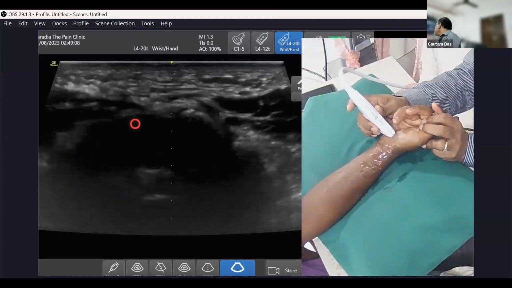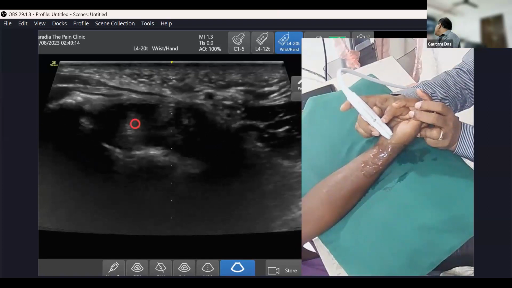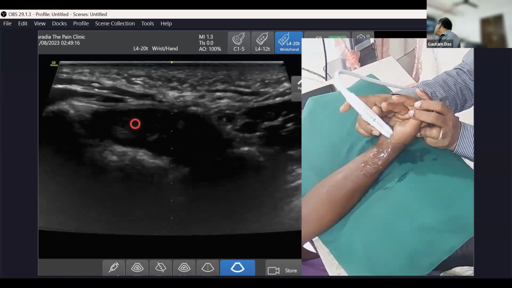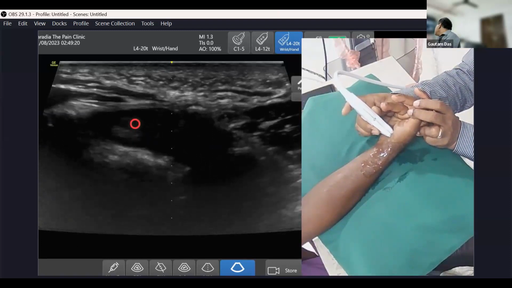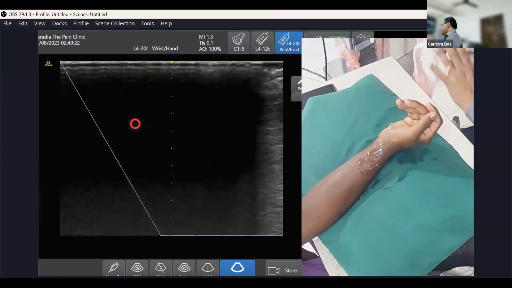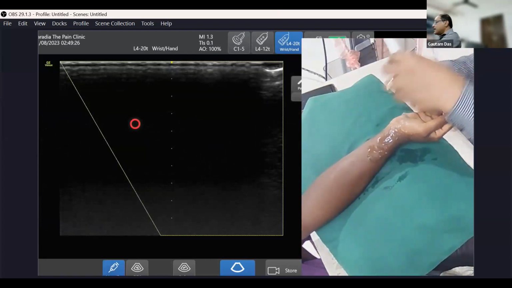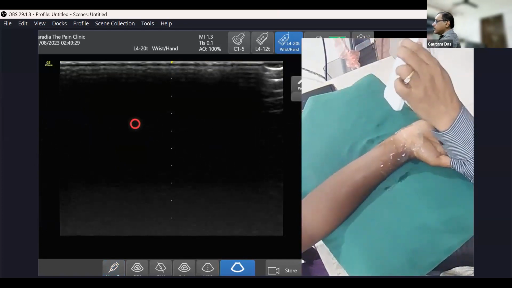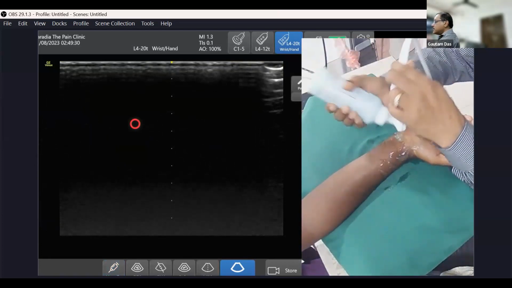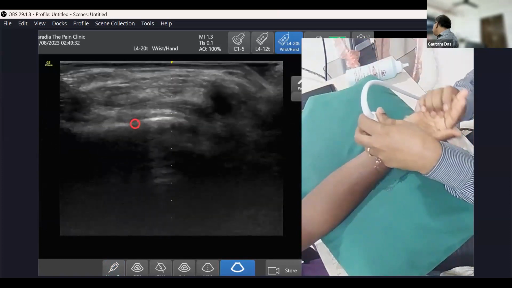So at this position, I am keeping it on one side. So distal carpal tunnel is a little difficult to see, but if we follow this, it will be easy.